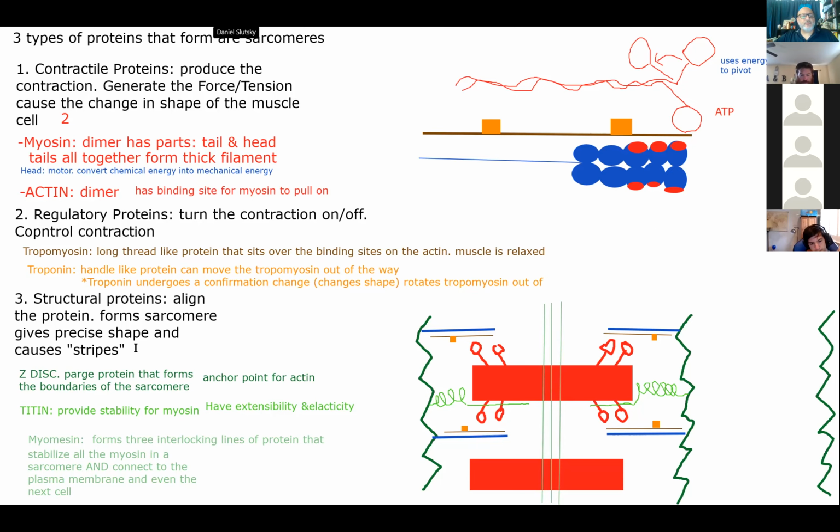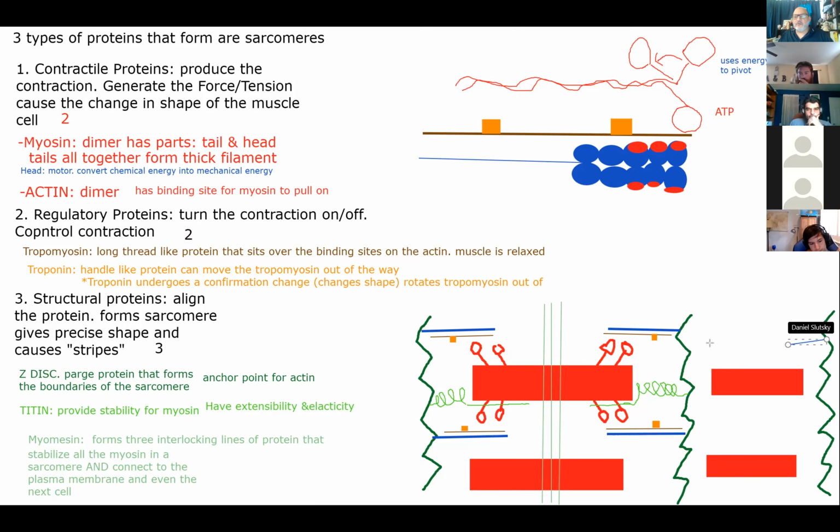Two contractile proteins, 2 regulatory proteins, and 3 structural proteins. The 7 proteins we need to understand to make up a sarcomere. And then, of course, there's this repetitive pattern. So, of course, I have more myosin on this side and more actin, and so on and so forth.